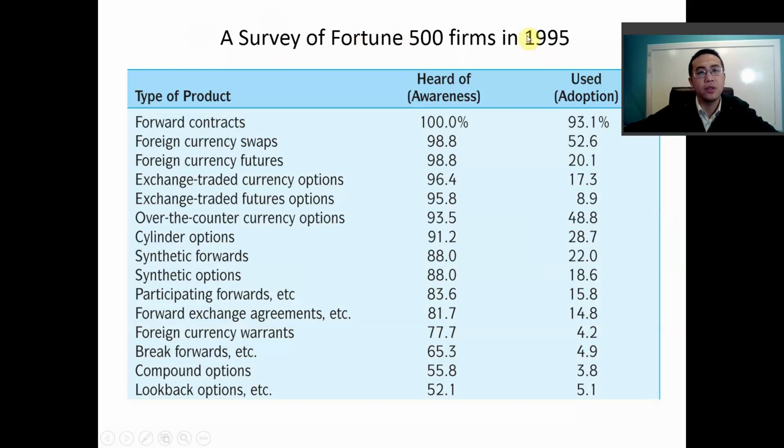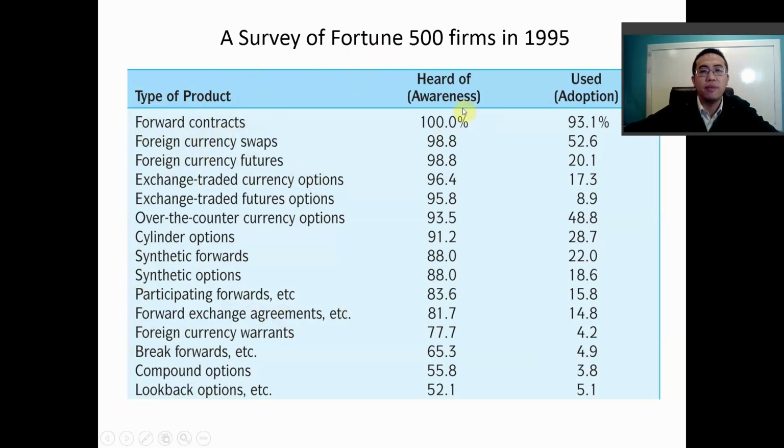So right here you see a survey of the managers in the Fortune 500 firms back in 1995. I know the year is pretty early, but that's the latest we can get. So this survey is telling us that for all of these financial products those companies use to hedge their foreign exchange risk, on the top of the list is the forward contracts.